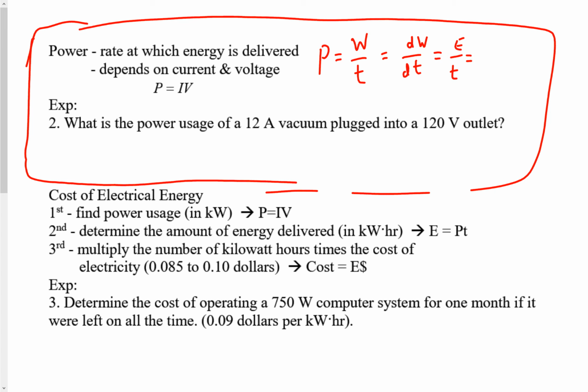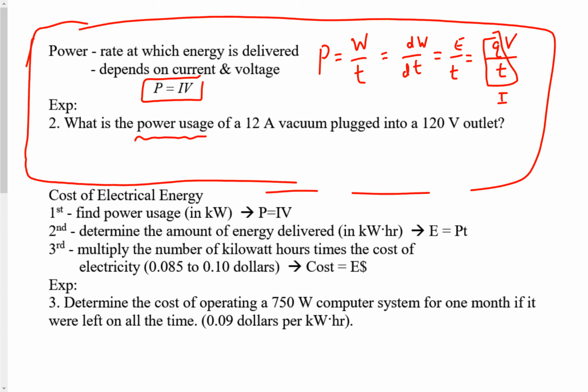We just learned a second ago that potential energy is QV. Now put that over time and look at what you get. Charge over time, that's current. So that means, and here's the equation already written out, power is equal to current times voltage.